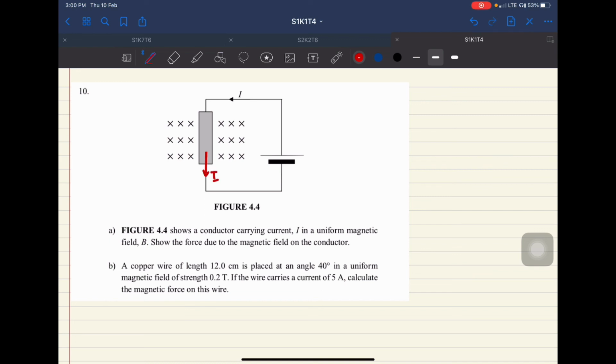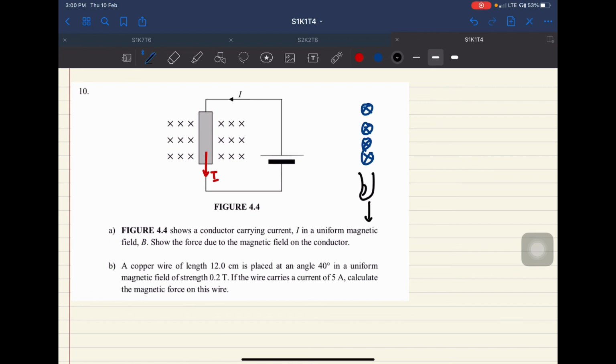If you use the right hand slap rule, your four fingers will be pointing into the page because the magnetic field is into the page, and your thumb will be directed towards the current direction.